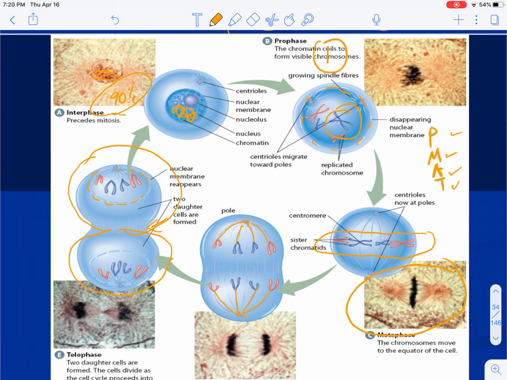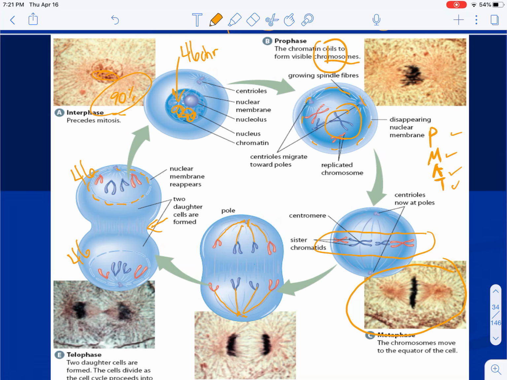But what you started off with, whatever chromosome number, if this was a human cell, you start off with 46 chromosomes in the nucleus. The two cells that result at the end each have 46 chromosomes in them.